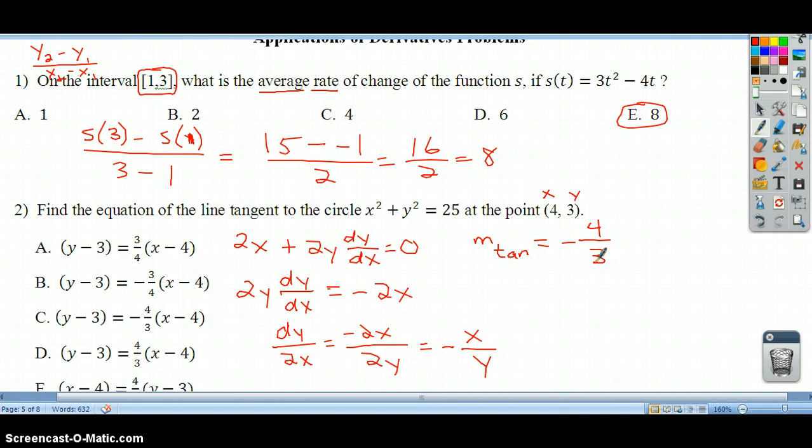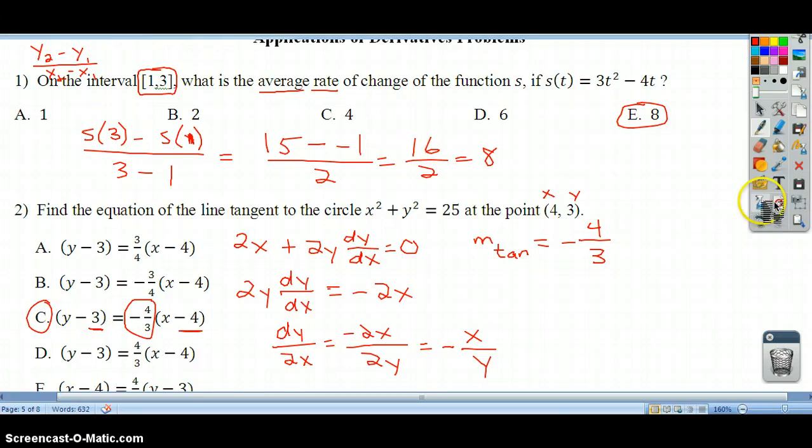Okay, so let's just look at our answer choices. And if we use the point slope formula, we get y minus the y value equals the slope, negative 4/3, times x minus the x value, using the point we're given in the problem. And that looks like the only choice with a slope of negative 4/3, so that would be it.